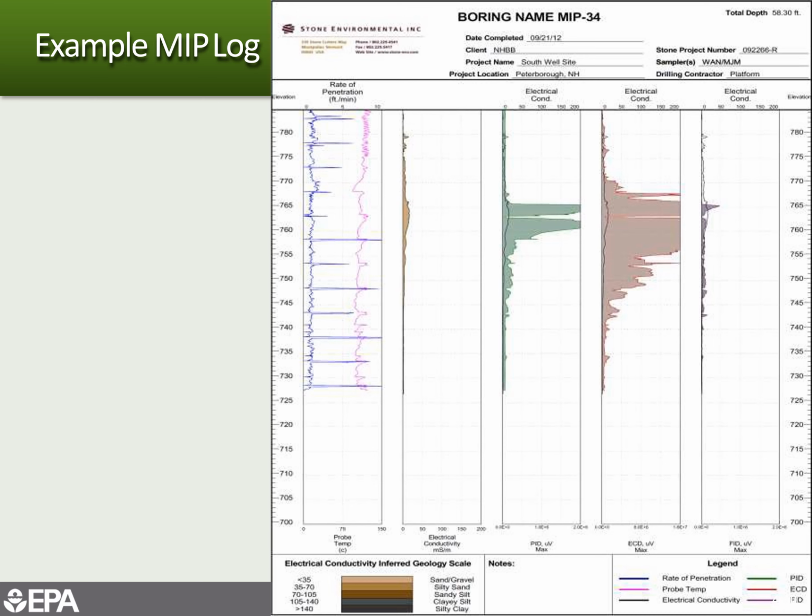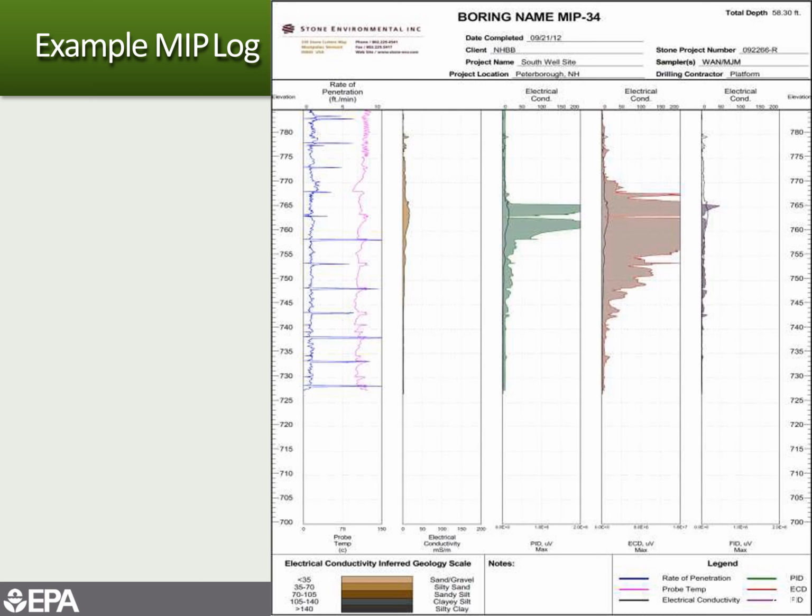But this was one of the first of these subsurface high resolution tools that I ever saw at work, at the Kennedy Space Center in Florida. Once we started doing this work, we pushed the tool down in the subsurface, and there were these little silt layers that showed up on the electrical conductivity readings.